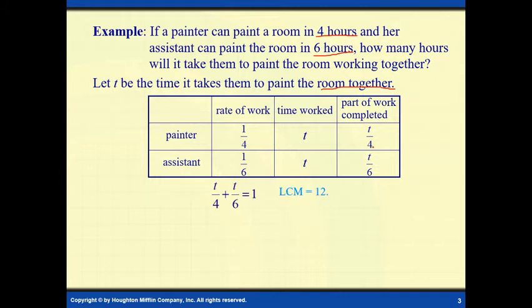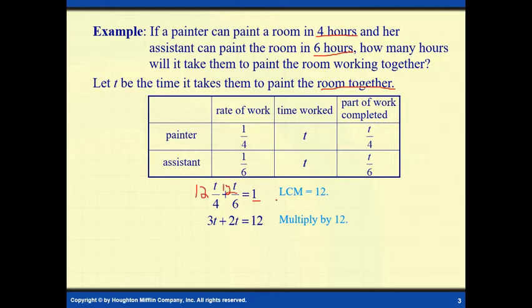So we go to set up this problem as t/4 plus t/6 is equal to 1. And this 1 indicates the room. Notice that your LCM is 12. And so what we're going to do is multiply 12 through each one of these.